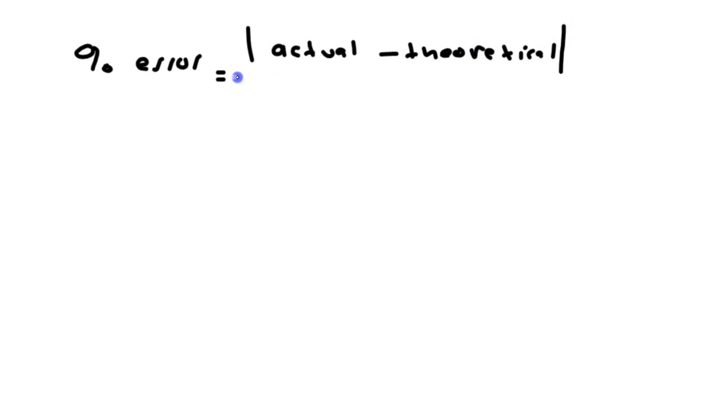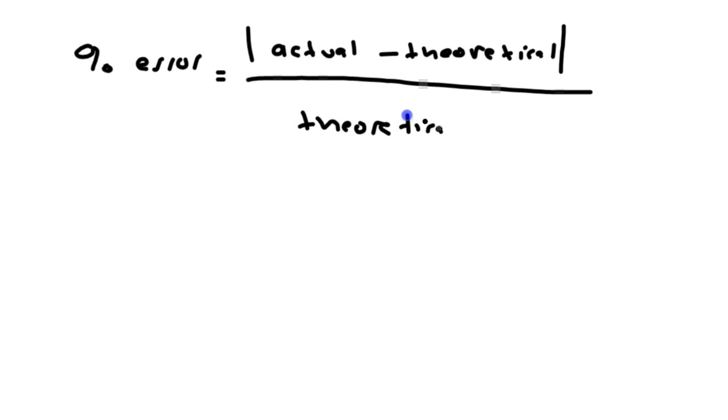Remember, the absolute value just means we can ignore our negative sign if we get one, divided by the theoretical. And then times 100%.